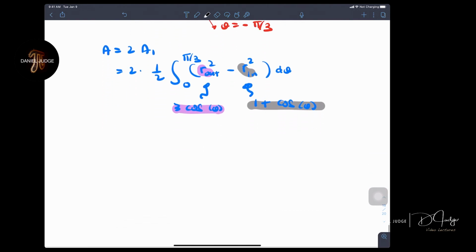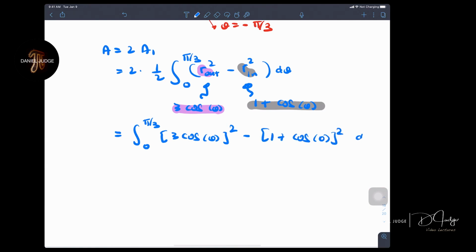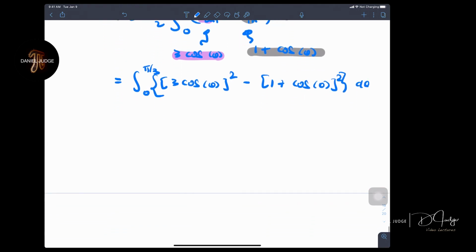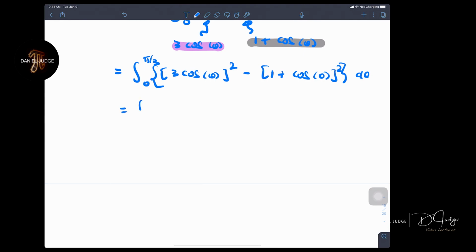Okay, we have to square those. But 2 times 1/2 is 1. So this is 0 to pi over 3, 3 cosine theta squared minus 1 plus cosine theta squared d theta, 0 to pi over 3.